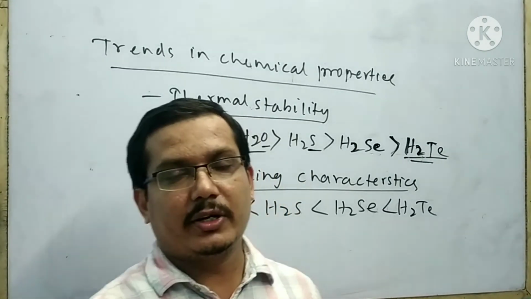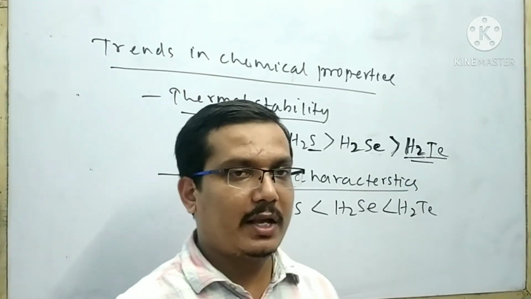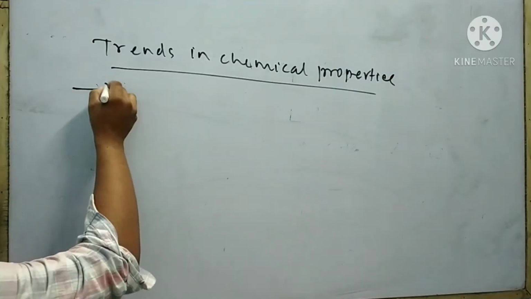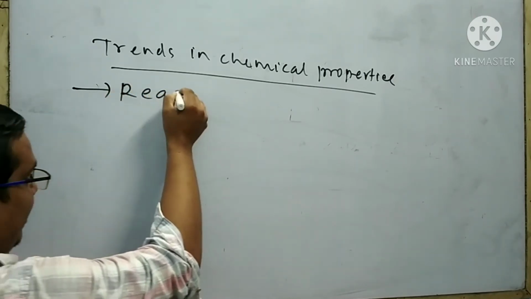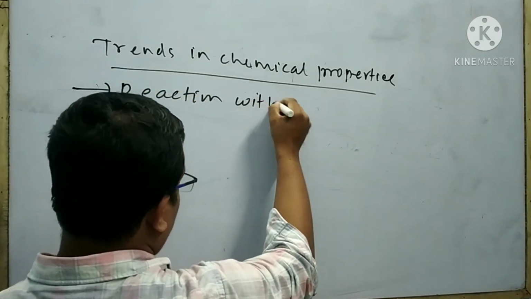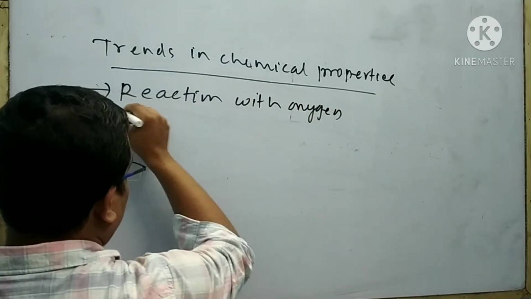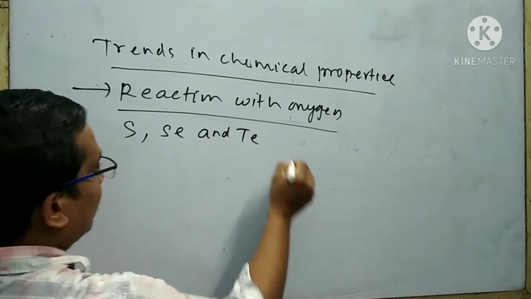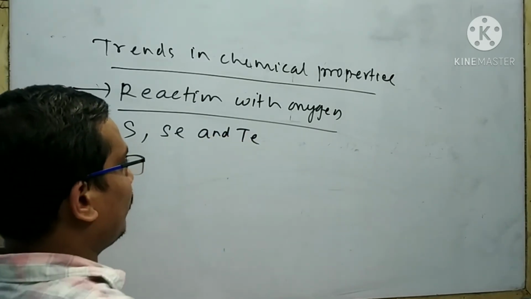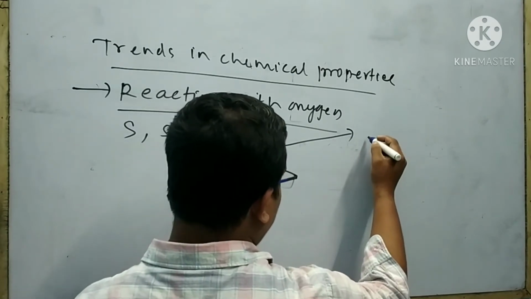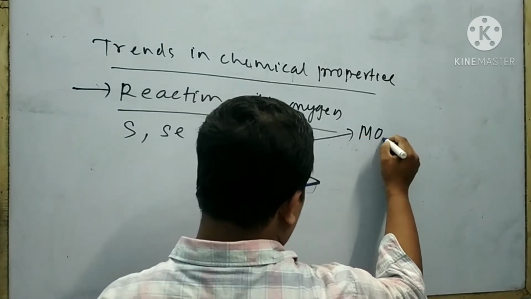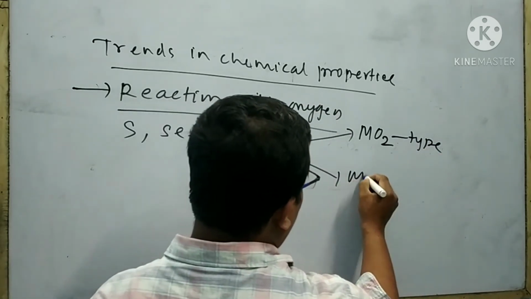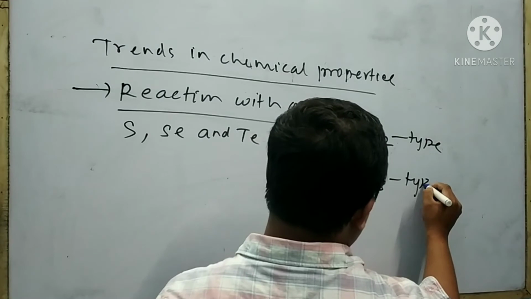Next I will move to the other chemical properties of group 16 elements. The next chemical property is reaction with oxygen. Sulfur, selenium and tellurium can react with oxygen to form two types of oxide. One is the MO2 type oxide, another is the MO3 type oxide.